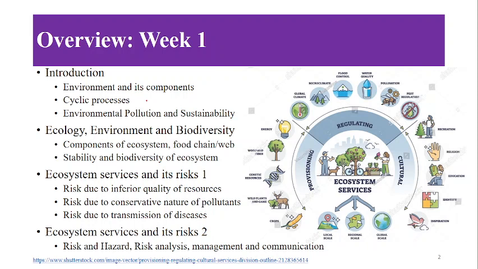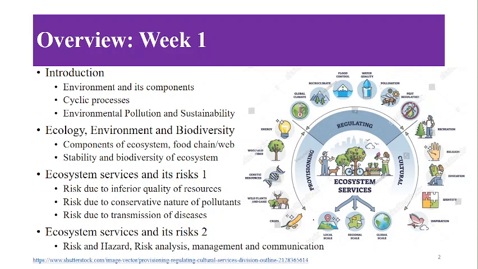Also, the ecosystem services. The ecosystem provides the species living in it a number of services, as you can see in this diagram: the provisioning services such as wood and fiber, genetic resources, and energy; regulating services which keep a check on the pollutants being emitted into the environment, such as the global climate, microclimate, flood control, and pest regulation; and cultural services such as recreation, religion, education, and identity.